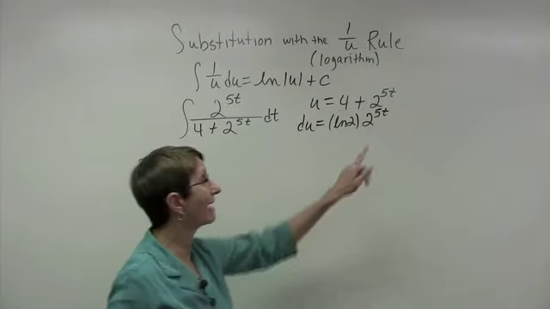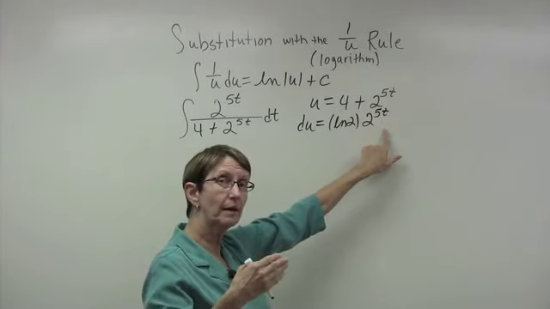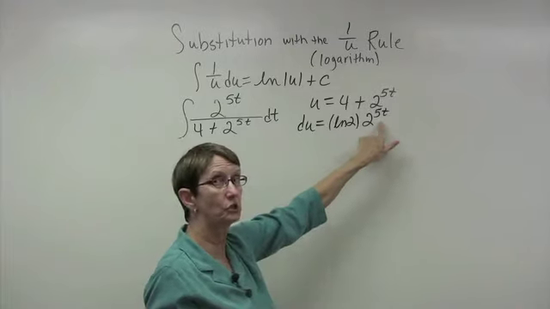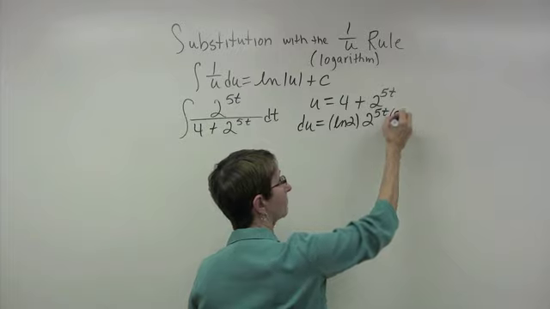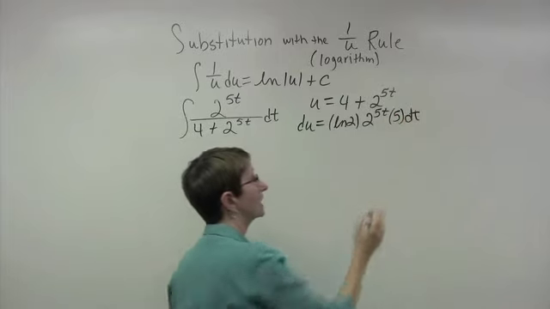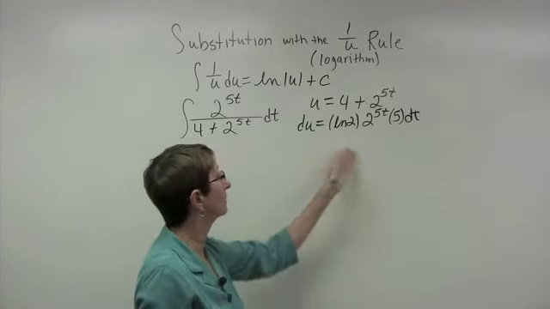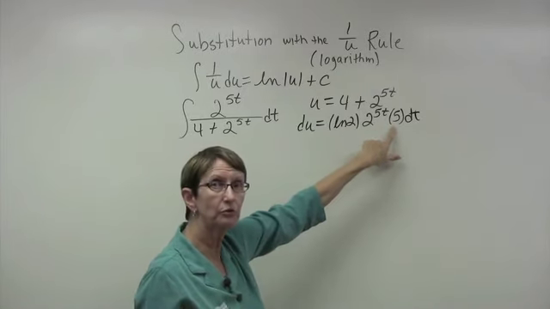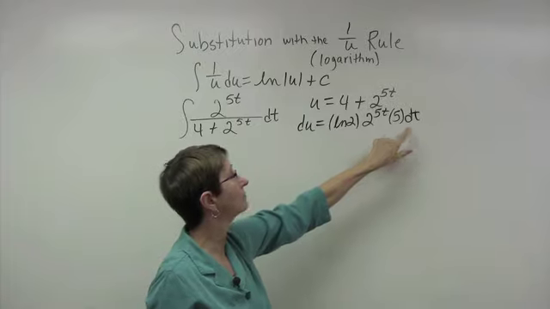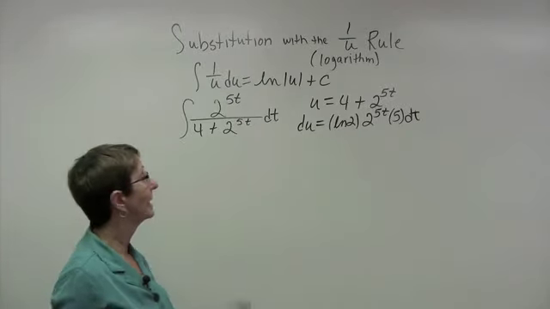But this is not just 2 to the t, so we have to multiply by the derivative of 5t, which is 5. And then we get the dt on there to give us the du part. So all of this, including the chain rule factor of 5, is du.